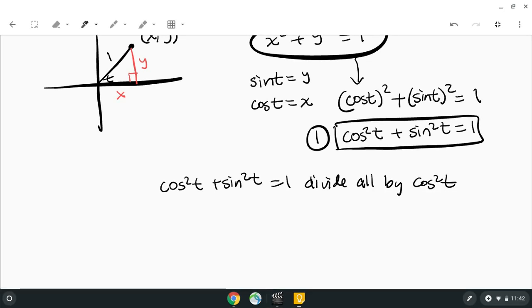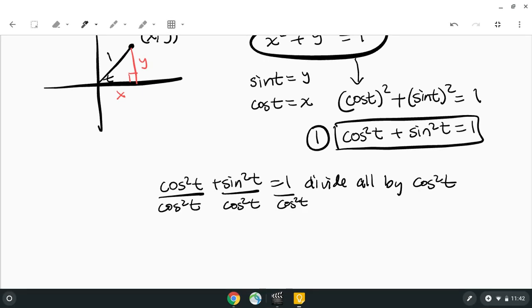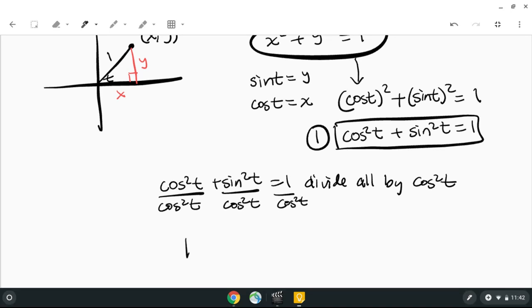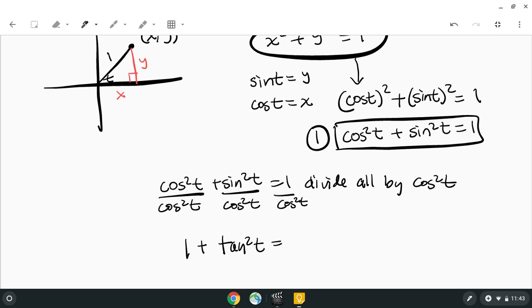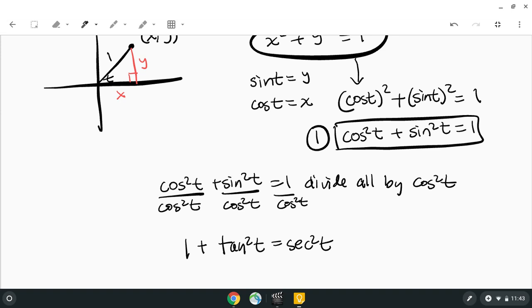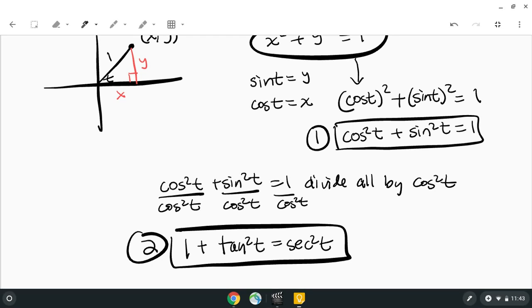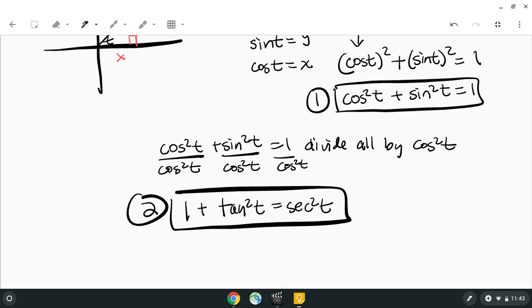So if I do that, divide this by cosine squared, this, and this. Okay, so then I end up with 1 plus tangent squared equals, well, the reciprocal of cosine is secant. So here is Pythagorean identity number 2. So we got that by dividing that first one by cosine squared.